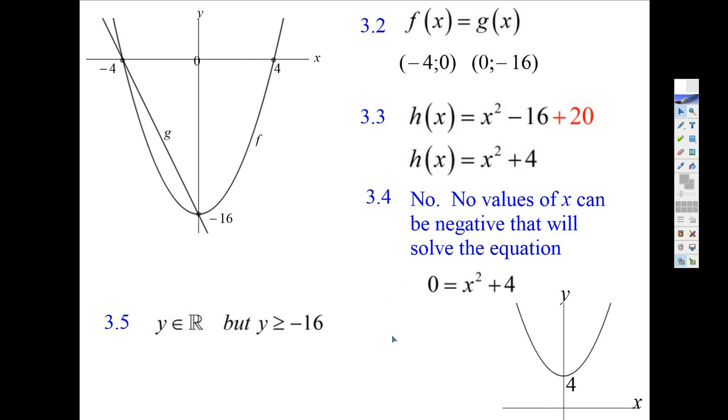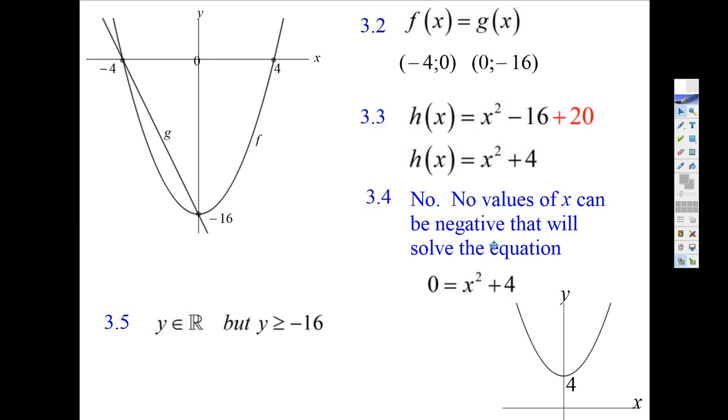The next question is, will this new function have x-intercepts? Will it cross the x-axis? That means if I let y equal 0, will it have solutions? Well, there's different ways of doing this question. 0 equals x squared plus 4. Well, the only way this could equal 0 is if x squared equals minus 4. But when you square something, it always gives you a positive answer.